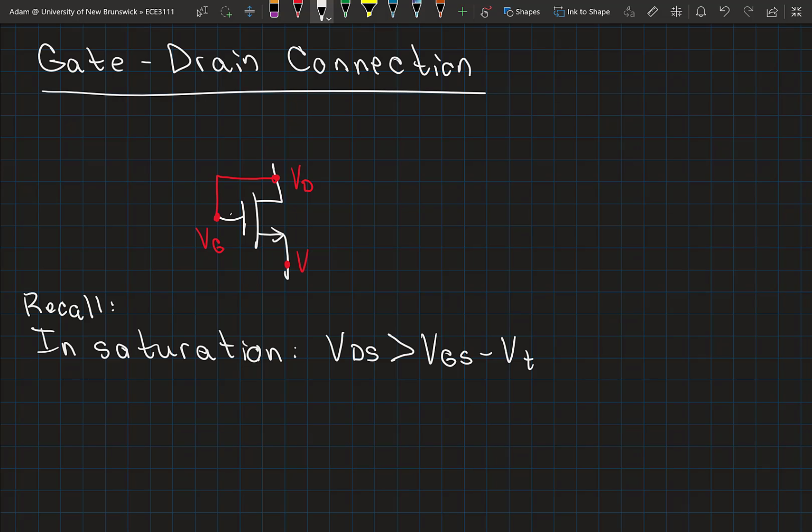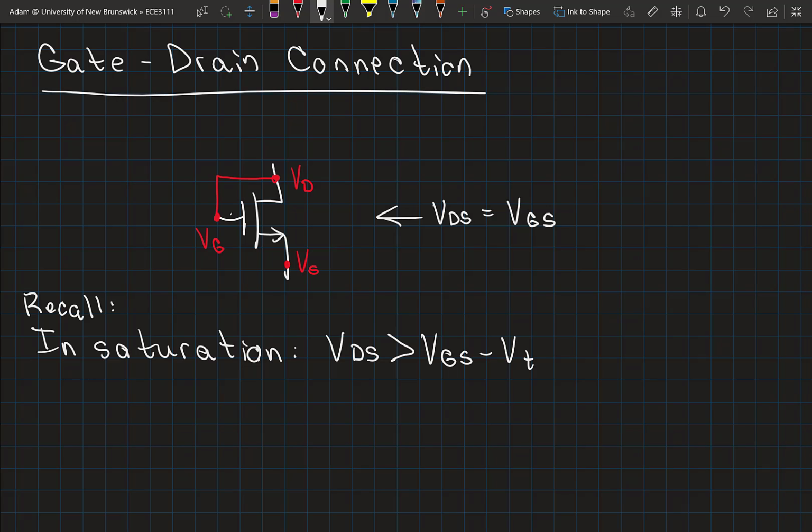Well, in this specific example, my drain to source voltage is actually equal to my gate to source voltage.